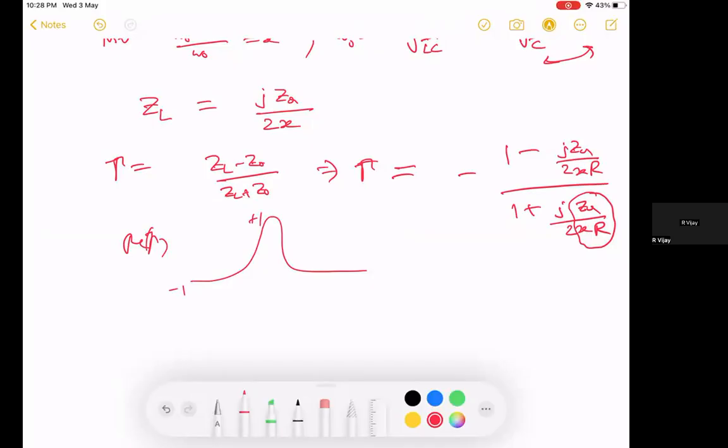And the imaginary part goes to 0 at the same resonance, which you can see here. So this basically tells you the response of gamma.